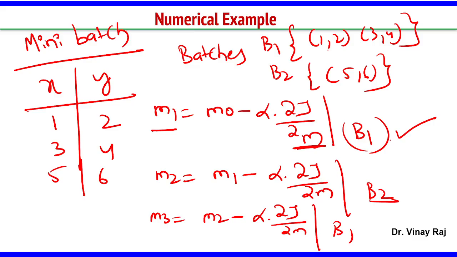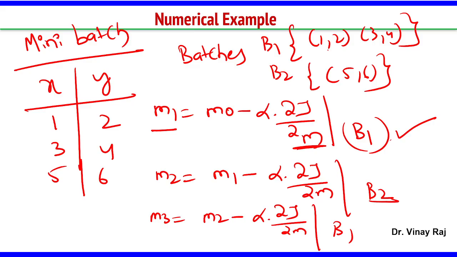Next we will see one small demo in Python programming, because here we are numerically trying to solve it with pen and paper. We can do the same thing better using Python programming as well. So let us try to understand the programming aspect of this gradient descent, because it is very easy there.